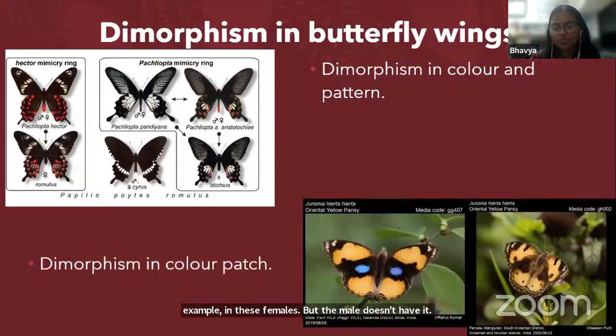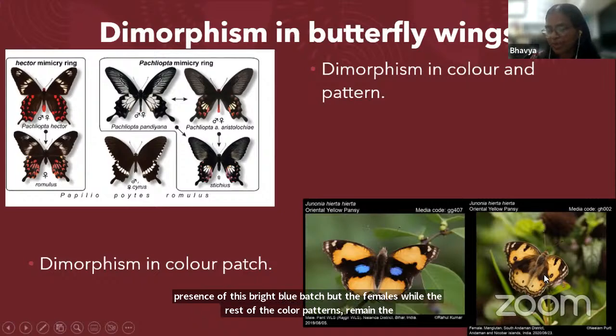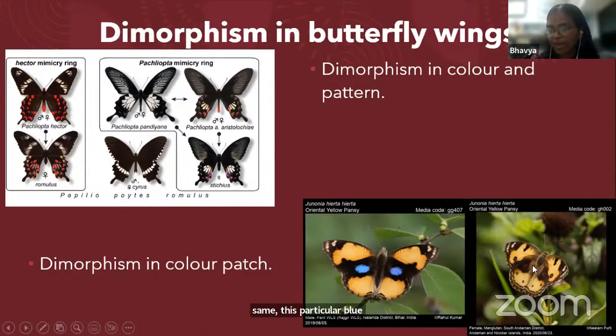But we can also see that there is just dimorphism in a single color patch alone. And if you look at the two panels of butterflies that I've shown here, which is a yellow pansy, again, very common in Bangalore, we can see that the males have the presence of this bright blue patch, but the females, while the rest of the color patterns remain the same, this particular blue patch where it's supposed to be has been covered up by black patches.